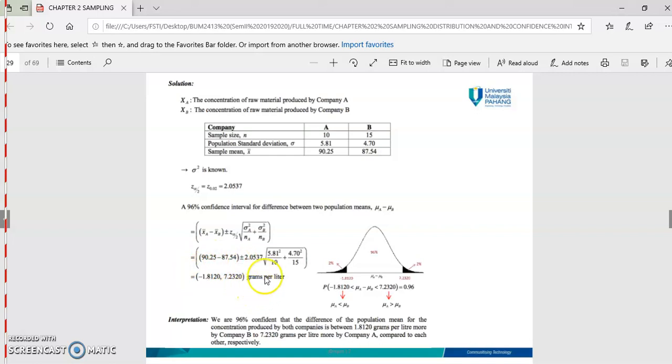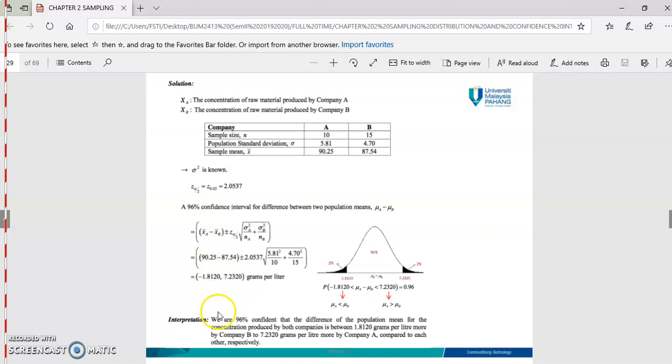Then you will get this confidence interval. For a confidence interval for the mean, it is okay to have a negative, because we calculate for the difference. When we have a negative confidence interval, it doesn't matter. Here we have the lower boundary as a negative, and sometimes both are negative.